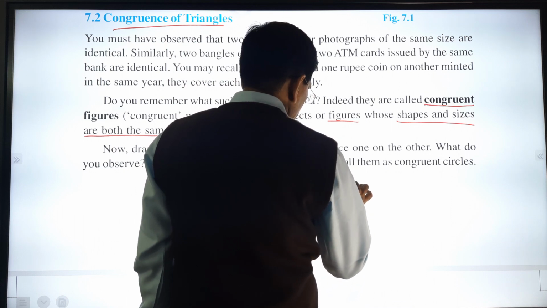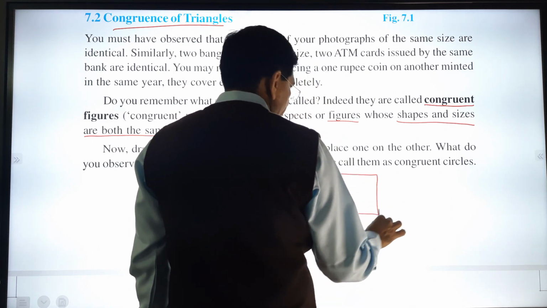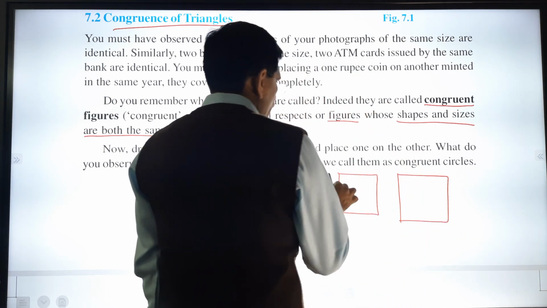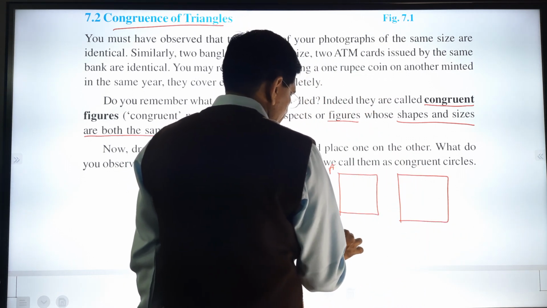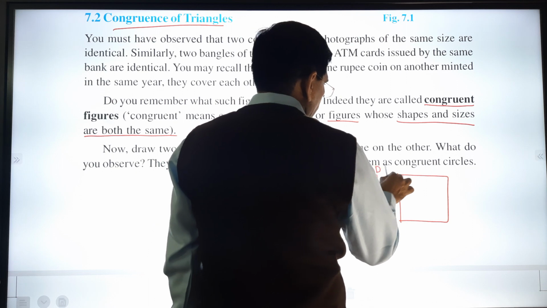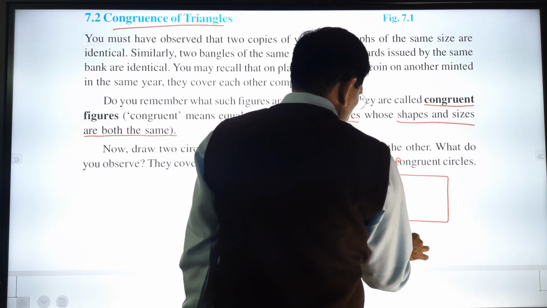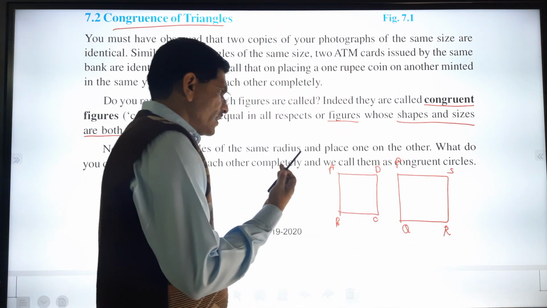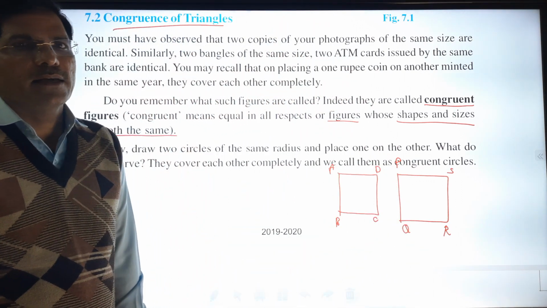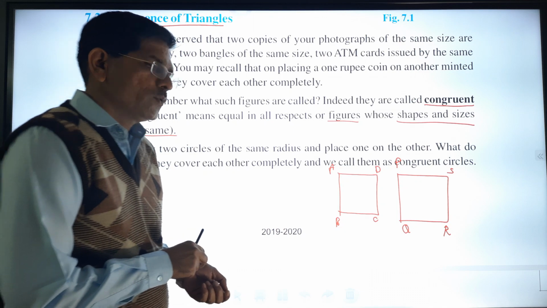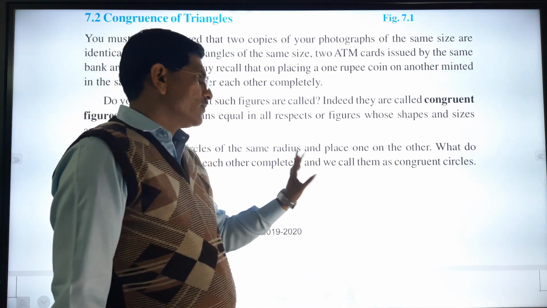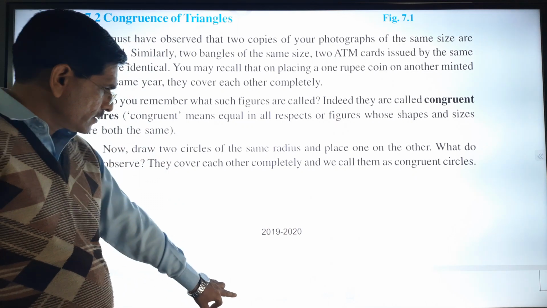If I draw one square here and another square here, and label the first A, B, C, D and the second P, Q, R, S with the same length, then we can say these two squares are congruent. So we can discuss it in different ways.